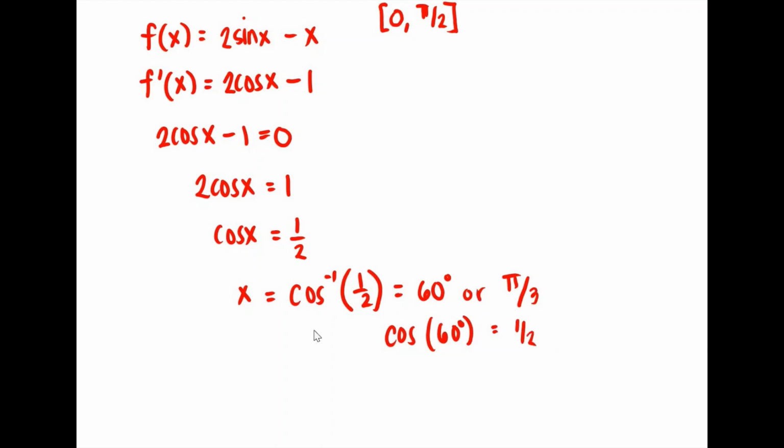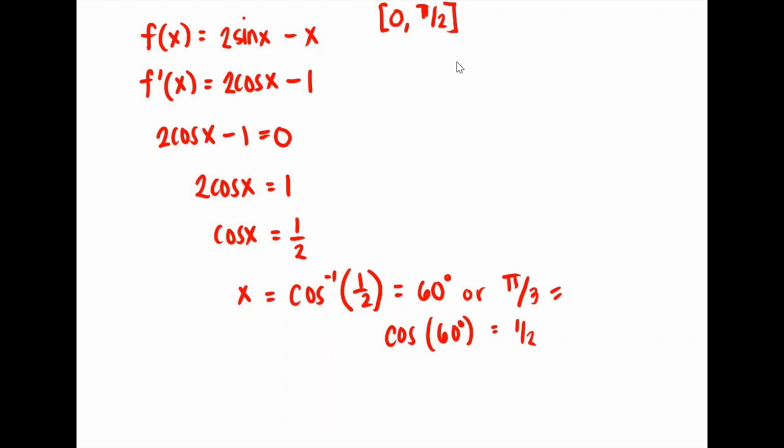So we are right that cosine x equal to 1/2. That is when our angle measures 60 degrees, or in radian measure, that is pi over 3. So we have the critical point, pi over 3.